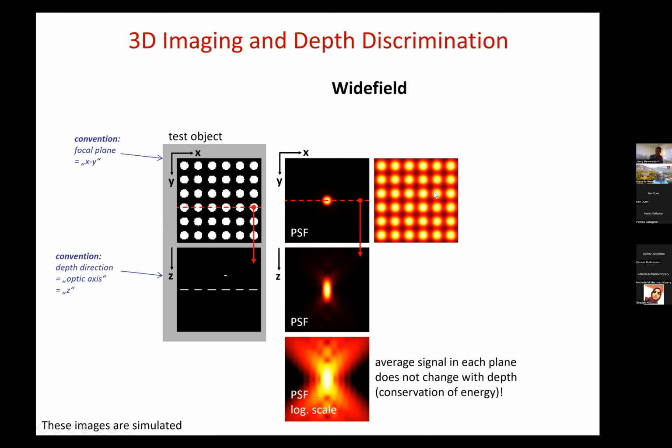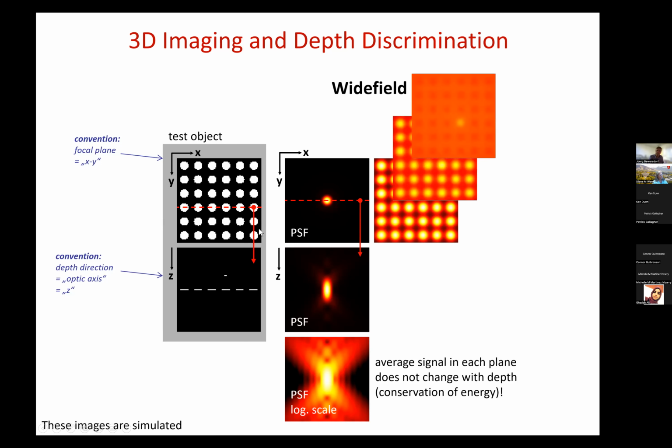So let's simulate this. Okay, so this is this image here, now imaged with this Poinsot function, and everything looks fine. However, if you go out of focus, okay, now we image planes not in the focal plane, but slightly above and further above. You see that the signal doesn't disappear. It doesn't become black.